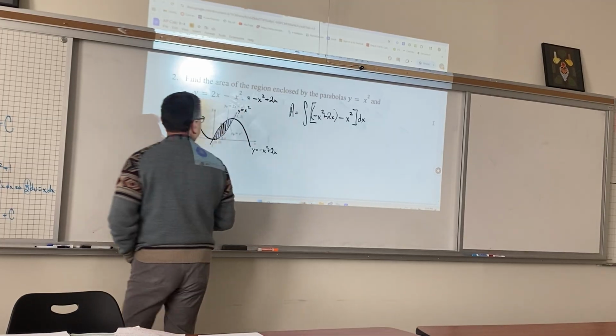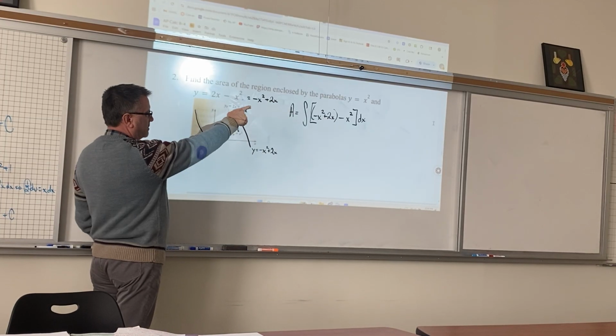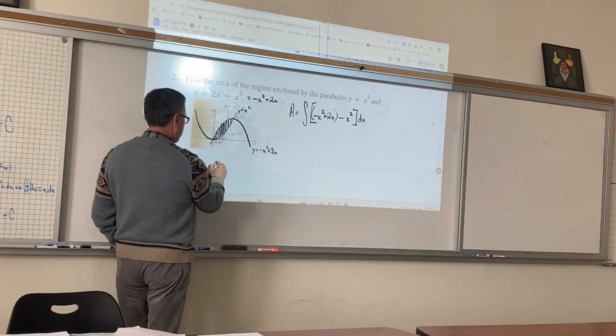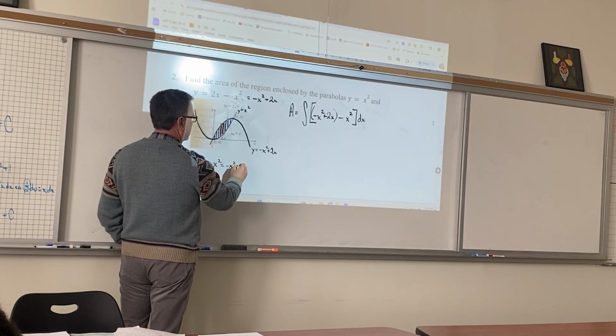You can set them equal to each other. We could probably solve that one by hand. Where does x squared equal negative x squared plus 2x?